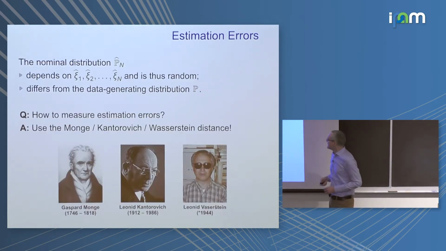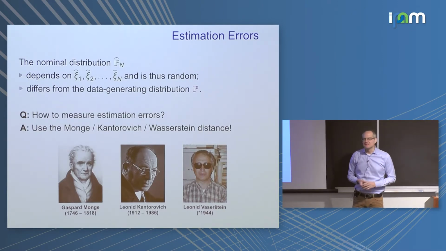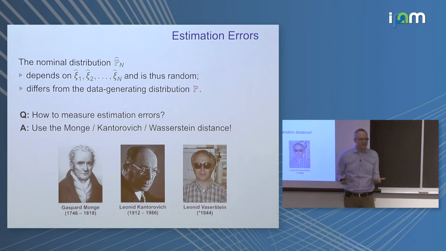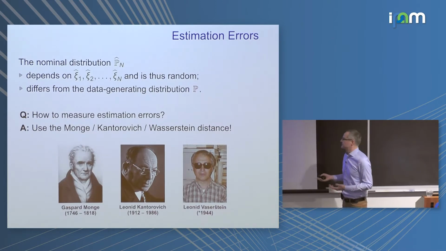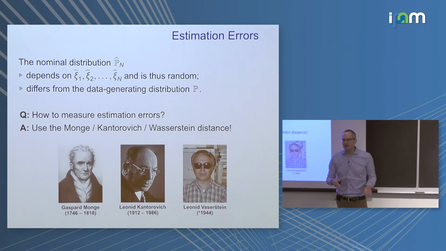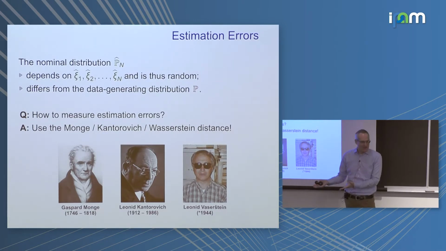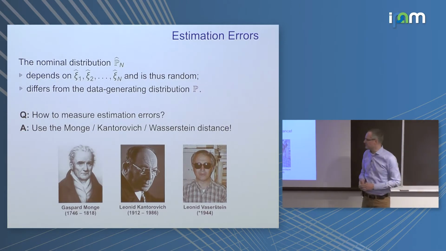Okay. So now, even if you use the most sophisticated statistical tools, the nominal distribution P hat, our estimator, will invariably differ from the unknown true distribution. And if we use the nominal distribution in the risk evaluation and decision problems, then the estimation errors in the nominal distribution will be inherited by the risk and the optimal risk.